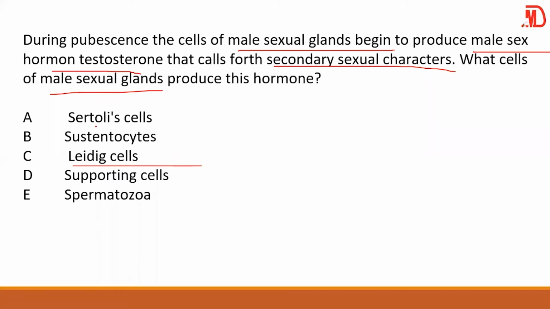Now, with Sertoli cells, which some of you might be confused about, Sertoli cells is like a nurse cell. When we say nurse, it means it helps in the process of spermatogenesis. In other words, it deals with the production of sperms, whilst Leydig cells help in the production of what?